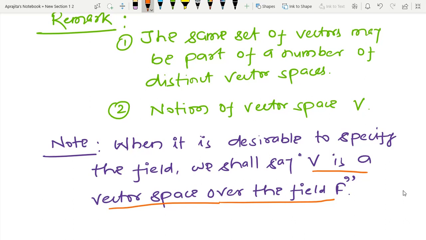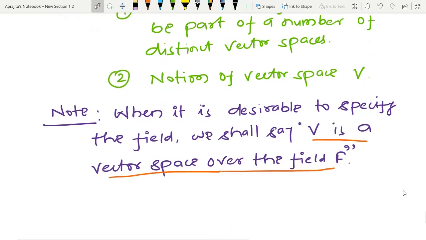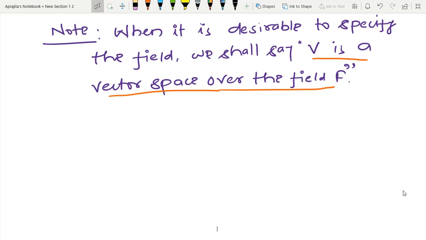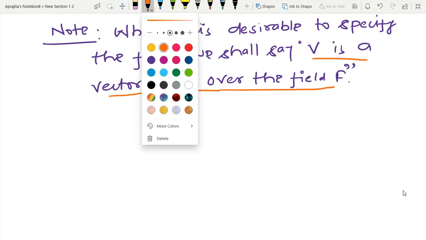I am going to start the vector space with the following definition.